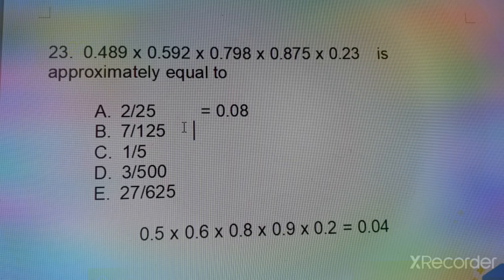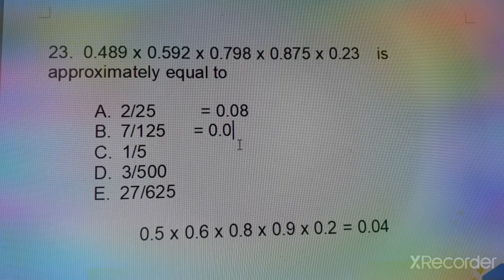For letter B, 7 divided by 125 is none. So add a decimal point and add 0. 70 divided by 125 is still none. So 0.